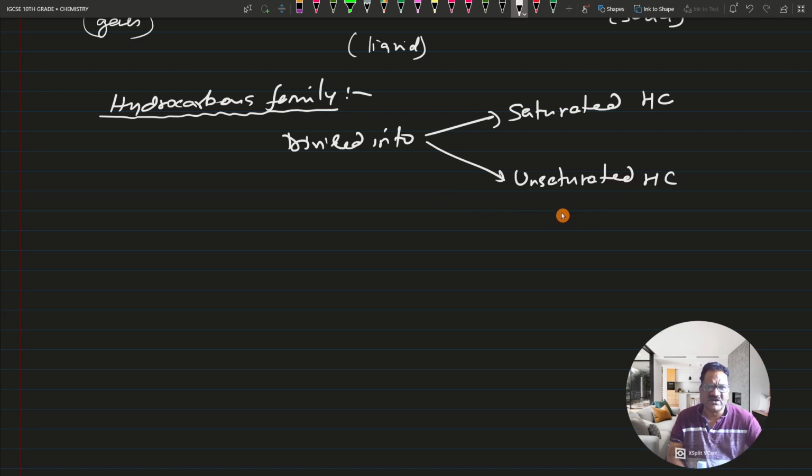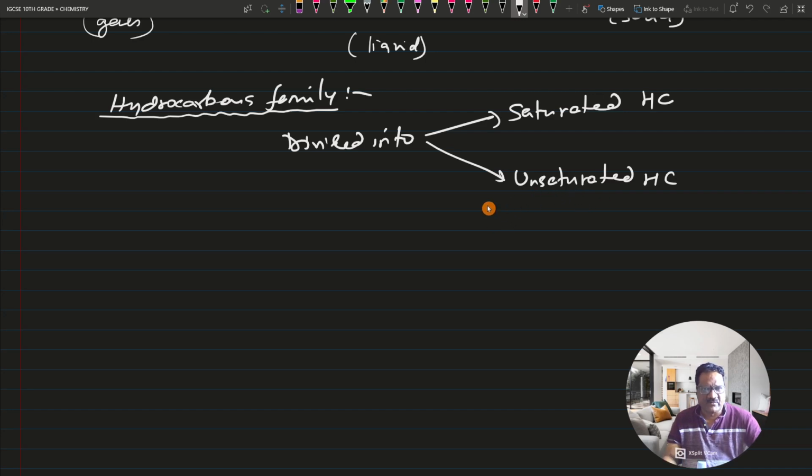So these you are going to study in higher classes. For 10th grade, it is okay if you know that hydrocarbons can be divided into saturated hydrocarbons and unsaturated hydrocarbons. We'll be coming to what is saturated and what is unsaturated when we proceed. Right now you try to understand that hydrocarbons can be classified into saturated and unsaturated.